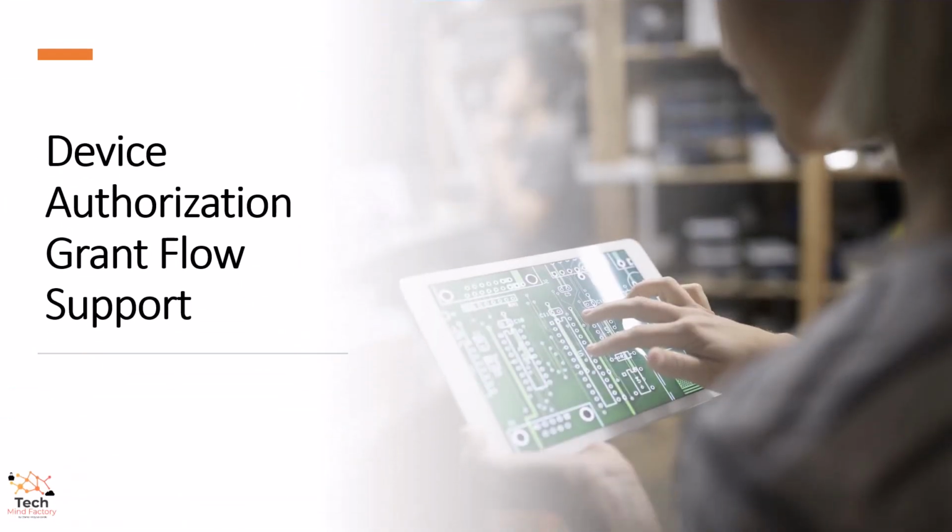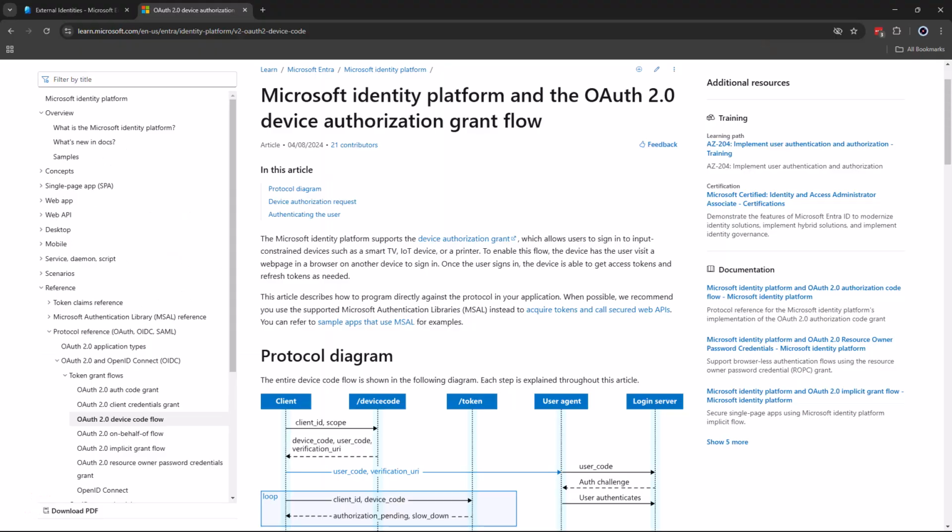Another enhancement that was added in Microsoft Entra External ID is support for the device authorization grant flow. So let's discuss this flow really quickly. When we open the official documentation from Microsoft for the Microsoft Identity Platform, we can see that there is support for the OAuth 2 device authorization grant flow, which is also supported by Microsoft Entra External ID.